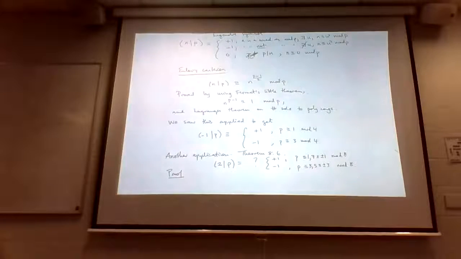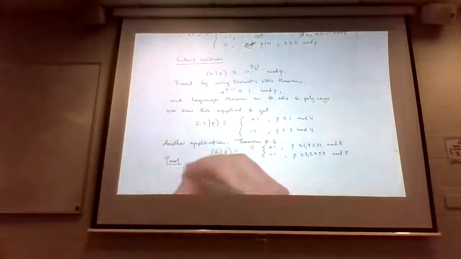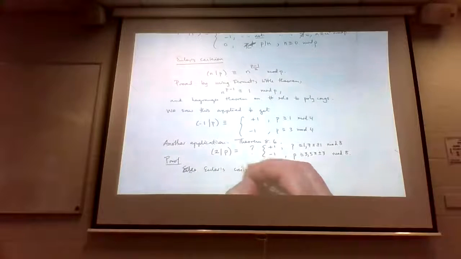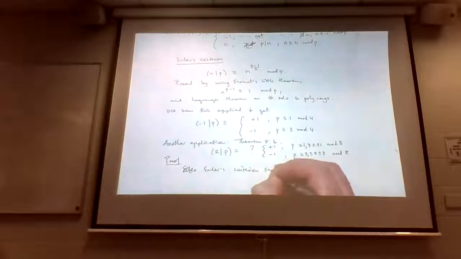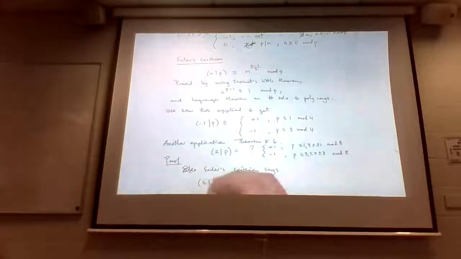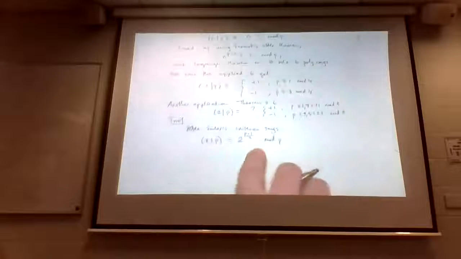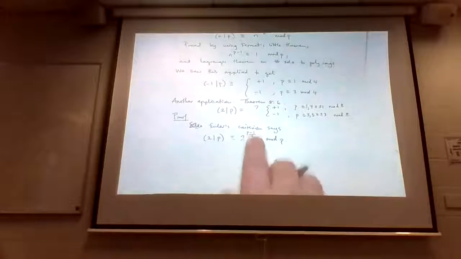So how do we prove this? Well, straight away we bring down Euler's criterion. Euler's criterion says, in this case, that the Legendre symbol 2 mod P is congruent to 2 to the power of P minus 1 over 2 modulo P. And the idea of the proof is to investigate this in a couple of different ways.